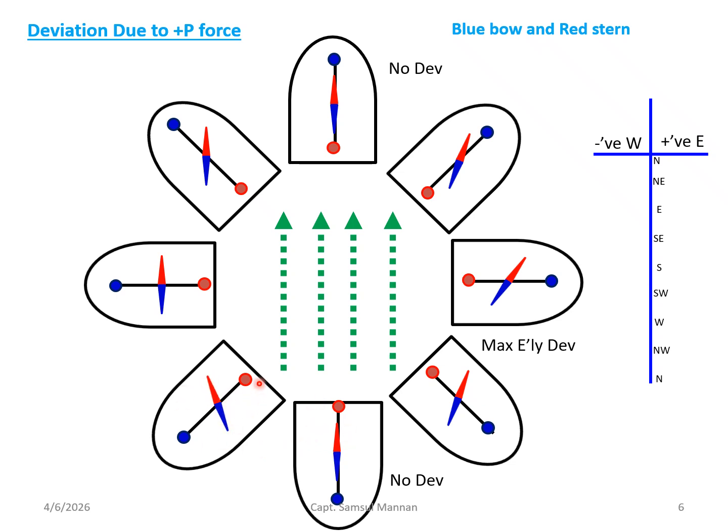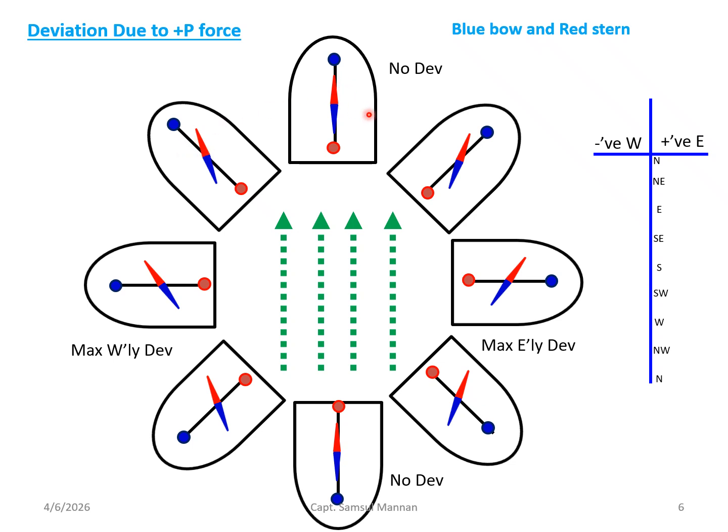Whereas when the vessel is on 225 degree course, there will be some deviation, and on 270 degree course the maximum deviation will occur, and when the vessel goes to a northwesterly heading, that means 315 degree course, there will be some deviation.